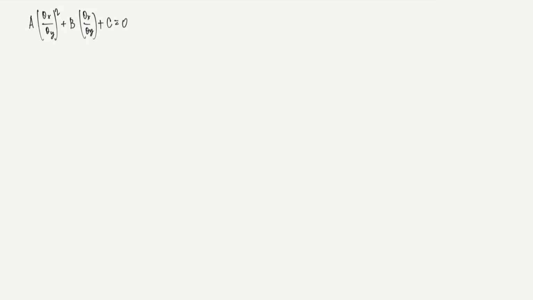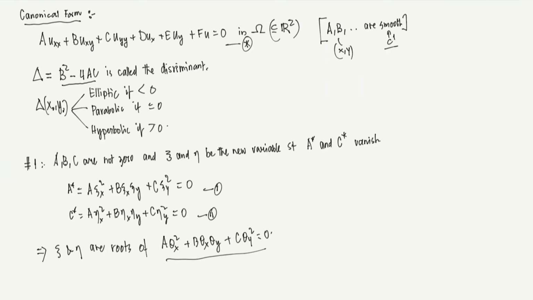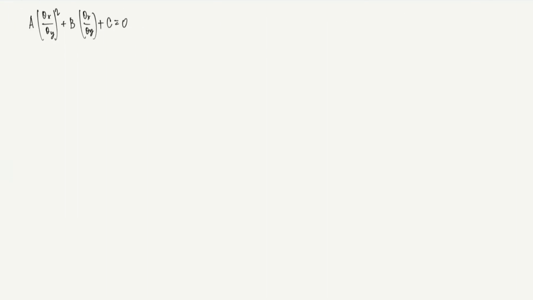Of course, the choice of xi and eta is on us, so we can choose them in such a way that they are not 0. Here what we are doing is dividing it out by theta y square, and then we get this.